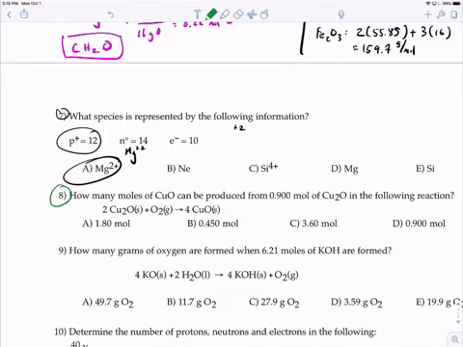Or you can do it this way, so 0.9 moles Cu2O times 4 moles CuO over 2 moles Cu2O equals 1.8 moles CuO.